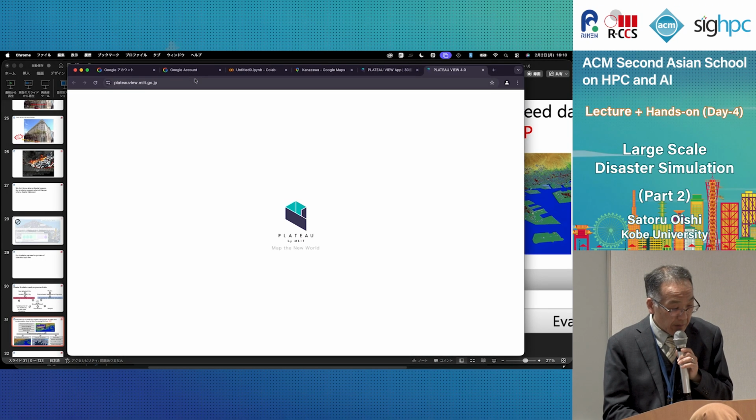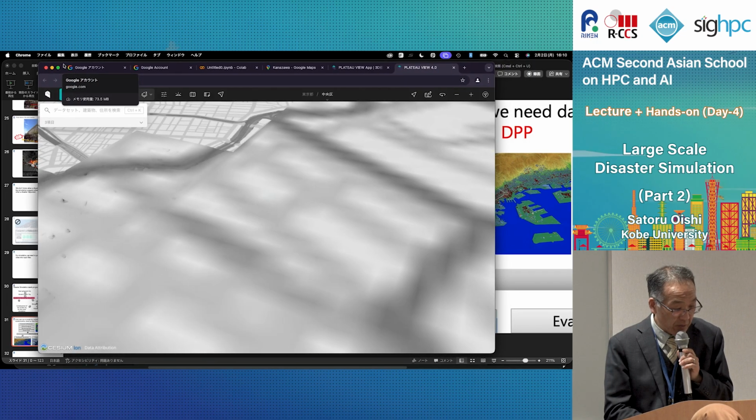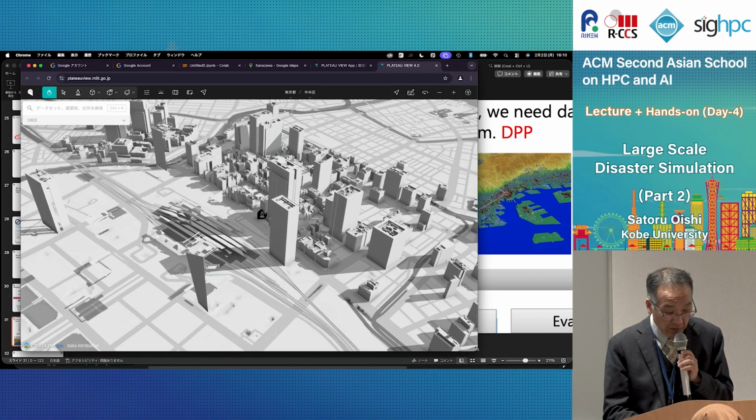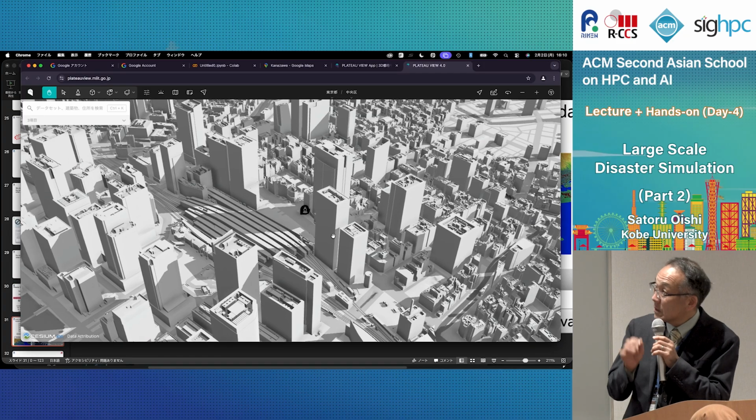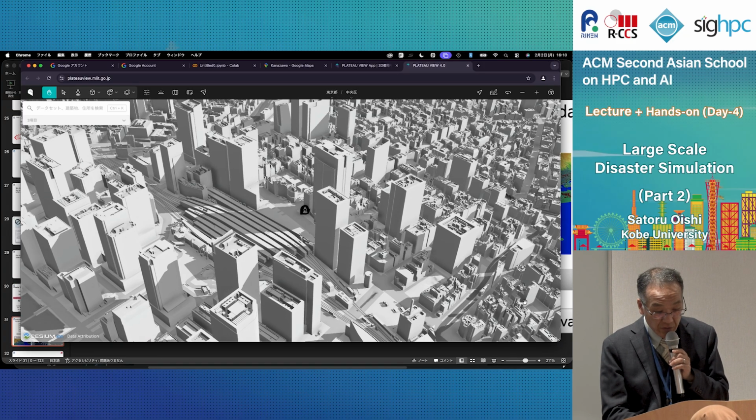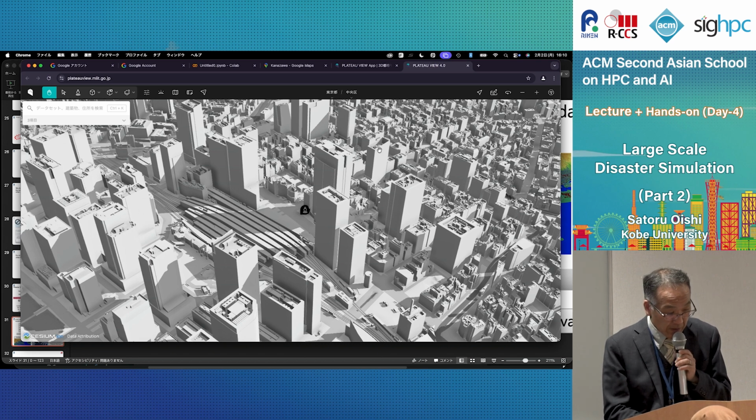This is made by the Japanese Ministry of Land, Infrastructure, Transport and Tourism. They built three-dimensional building data. It is Tokyo Station.